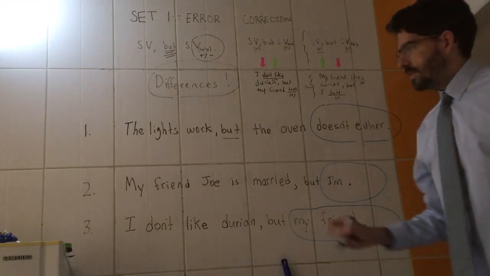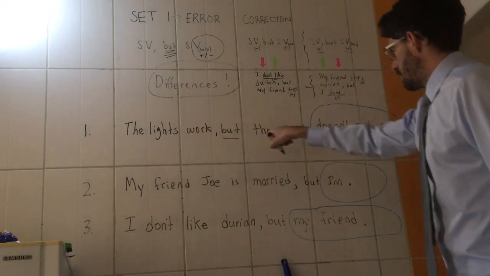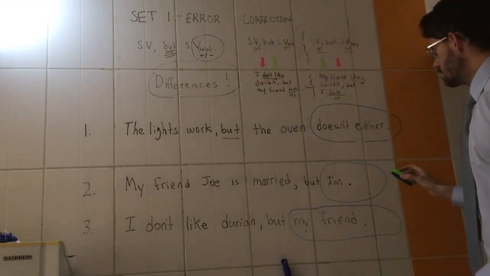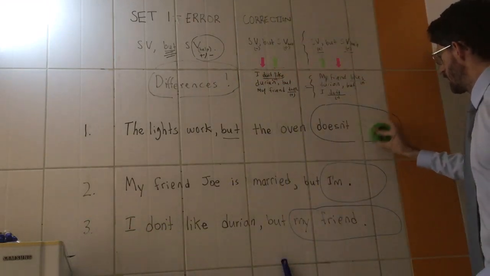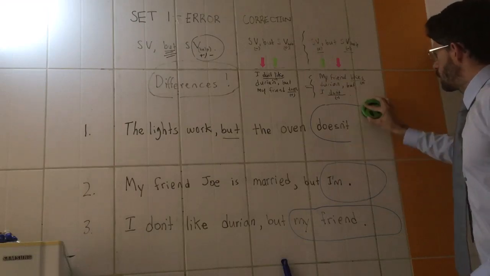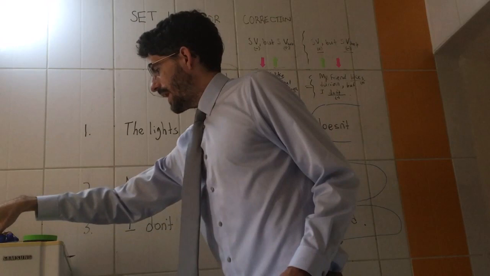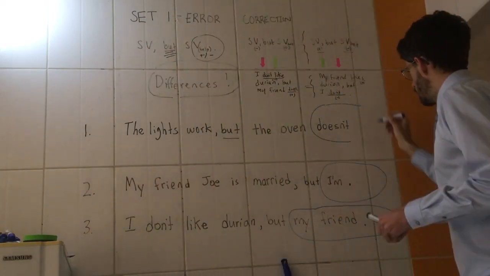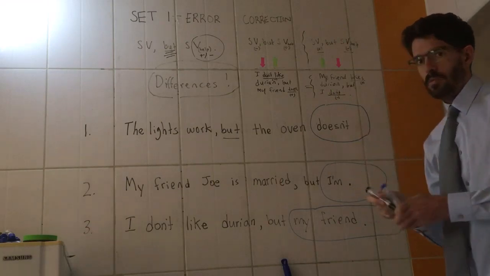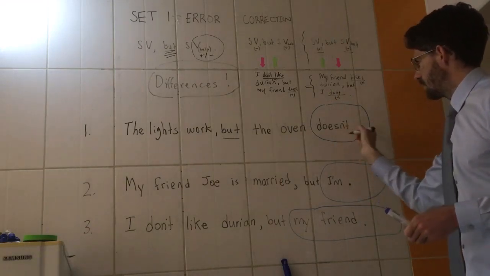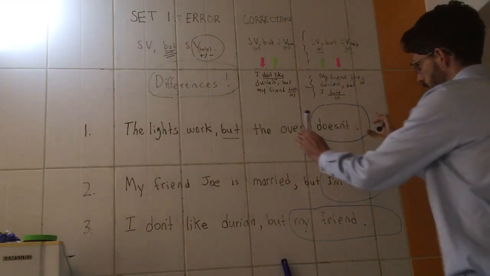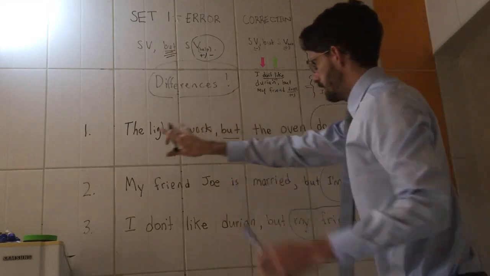Okay, here's the answers. So number 1, the lights work, but the oven doesn't, period. Okay. So you don't have to say more than that. So it's just the helper verb. Okay, this is called a short, reduced compound sentence because this information matches this.